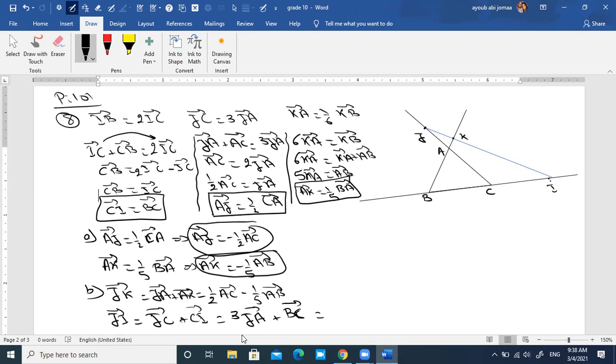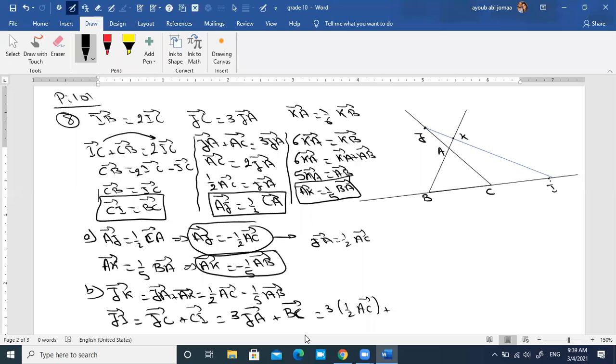Good. Now for JA, we found it here: JA is half AC, as we did in the first one. So 3 times half AC, plus BC. For BC I insert point A, so it becomes BA plus AC. Why insert point A?